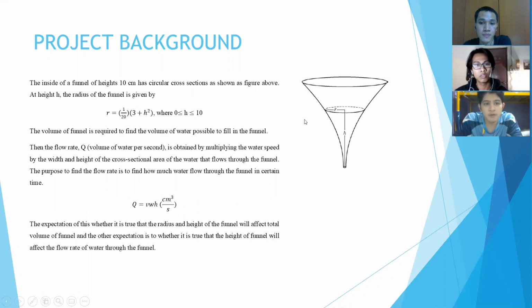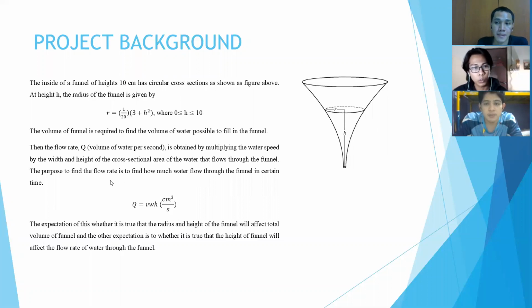The volume of the funnel is required to find the volume of water possible to fill in the funnel. Then, after the volume of the funnel, the flow rate Q is obtained by multiplying the water speed by the width and height of the cross-sectional area of the water that flows through the funnel.